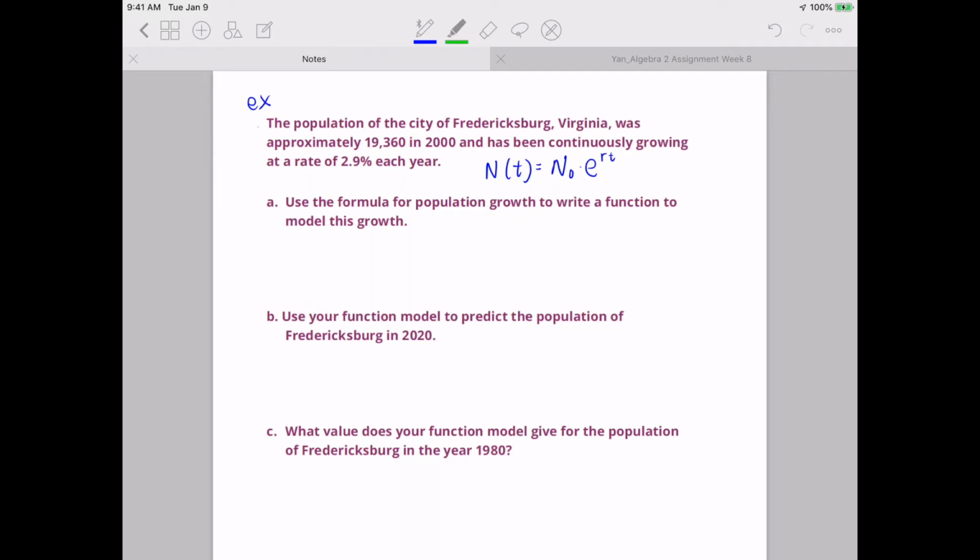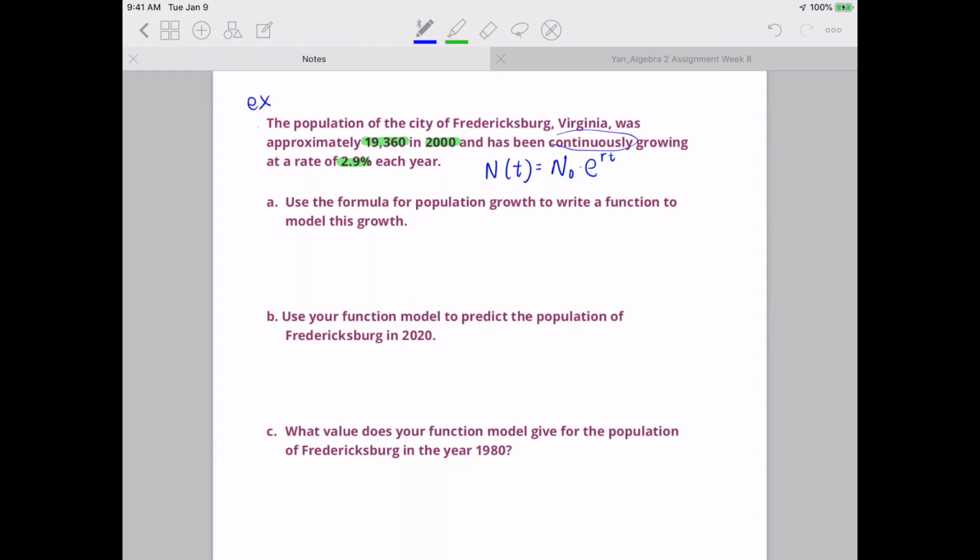Our main numbers are definitely this 19,000 number and 2.9%. And actually, the year 2000 is pretty important. Since it says continuously, that's why we're using this formula.